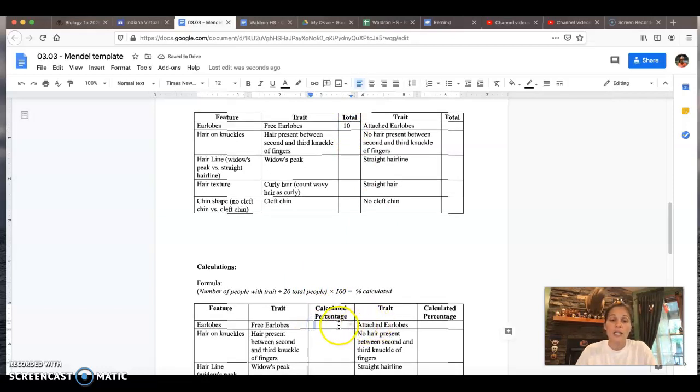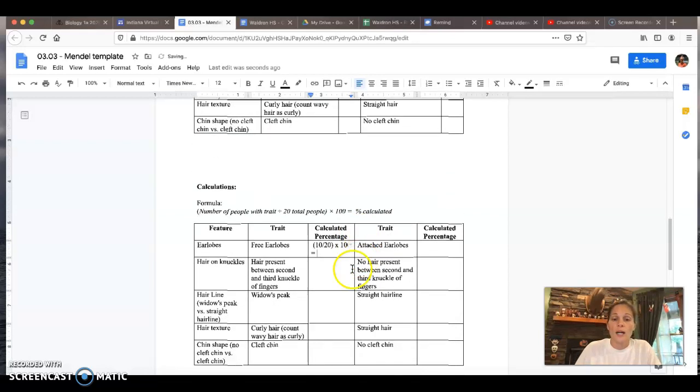In calculating our percentage with free earlobes, we would have 10 divided by 20, because we have 20 people total, and then we're going to multiply that by 100 to figure out our percentage. So 10 divided by 20 is 0.5, 1/2. We multiply that by 100, and that gives us 50%. Okay, so of the 20 people that we observed, that we documented data for, 50% had free earlobes.